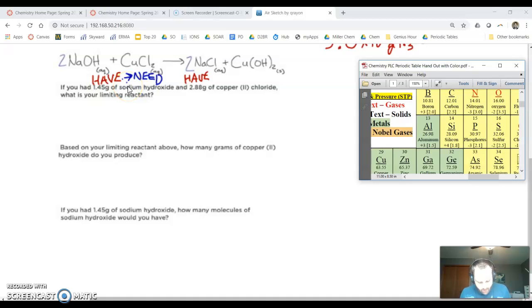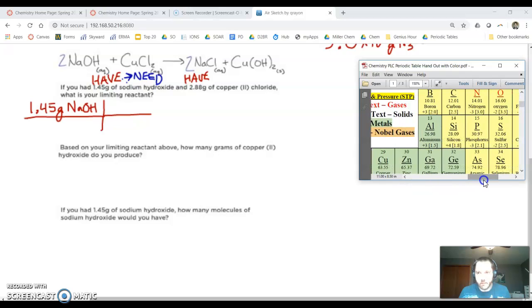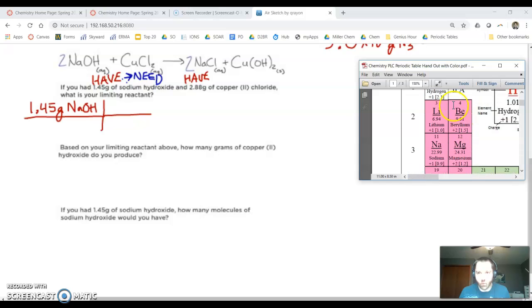So to do that, all right, we have 1.45 grams of sodium hydroxide. Again, you need to figure out how much one of those sodium hydroxides weighs. Well, that's going to be a sodium of 22.99 plus an oxygen of 16 plus a hydrogen, which is 1.01.